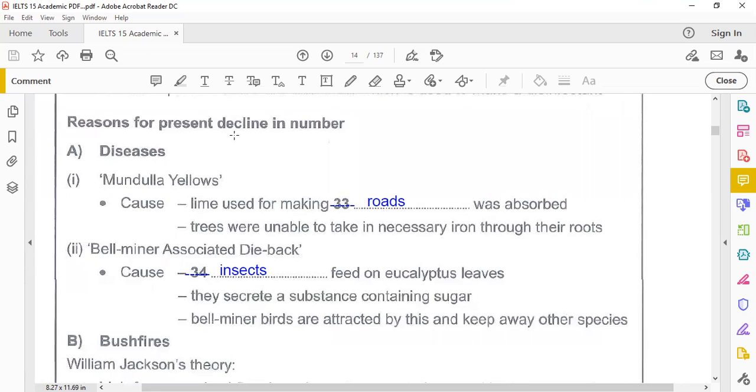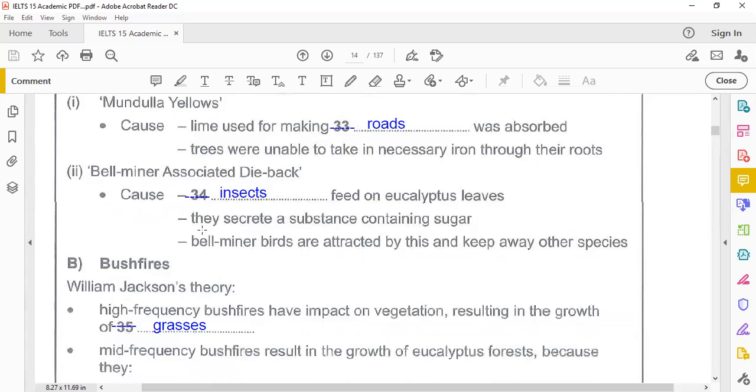Reasons for present decline in number. Diseases, Mundulla yellow, caused because lime used for making roads was absorbed and trees were unable to take in necessary iron through their roots. And the second reason is bell miner associated dieback.